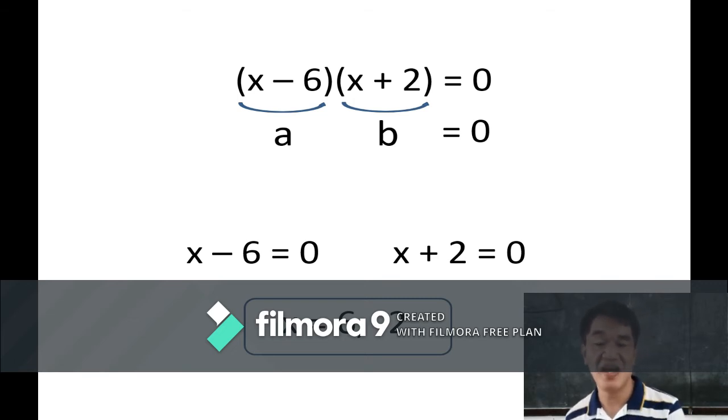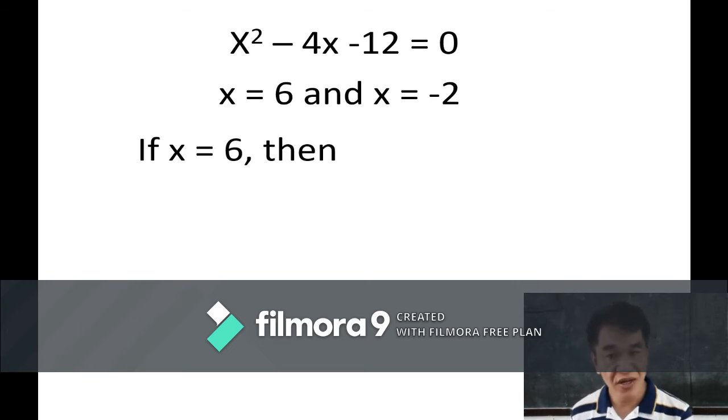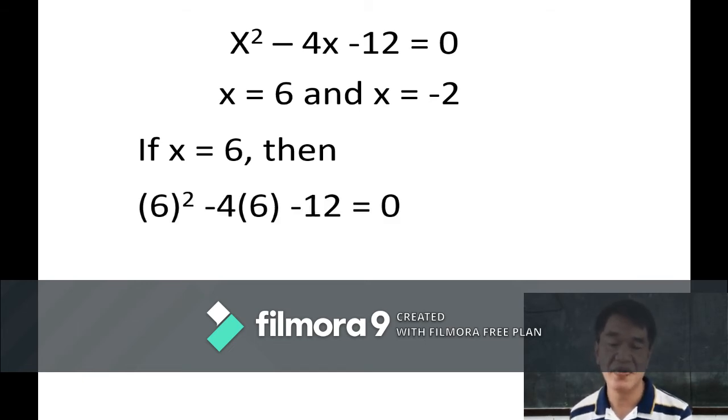Now let's see if they are really the numbers we are looking for. If x is 6, our original equation is x squared minus 4x minus 12 is 0. So if x is 6, if you replace that there, it becomes 6 squared, minus 4 times 6, minus 12 is 0.